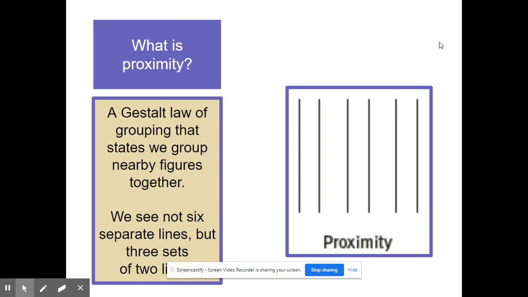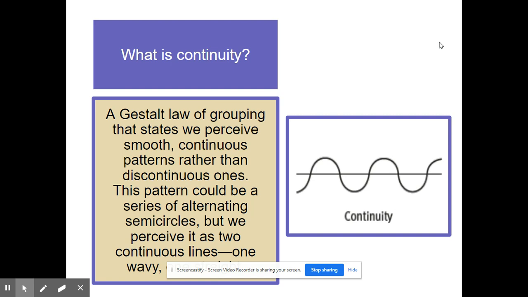Another way is continuity. We prefer continuous patterns rather than discontinuous ones. We should be able to see a series of alternating semicircles, but we perceive it as 2 continuous lines.